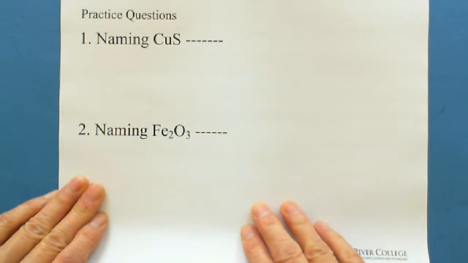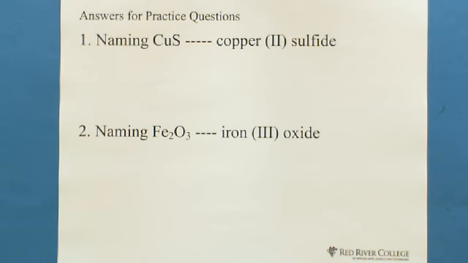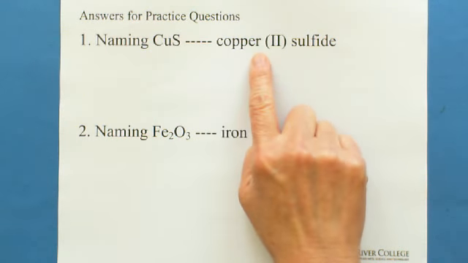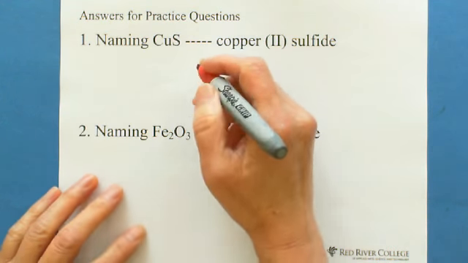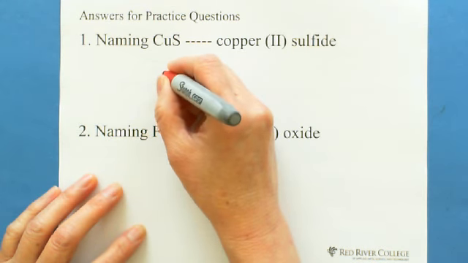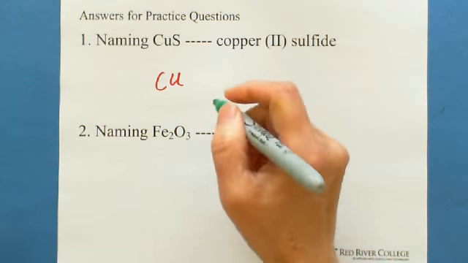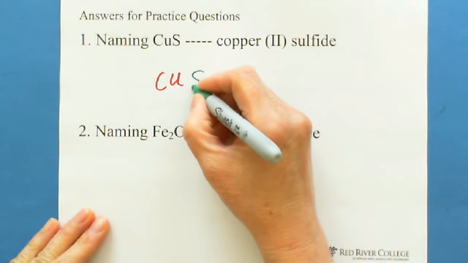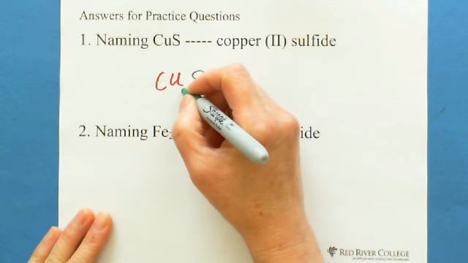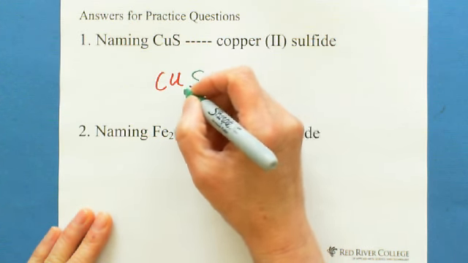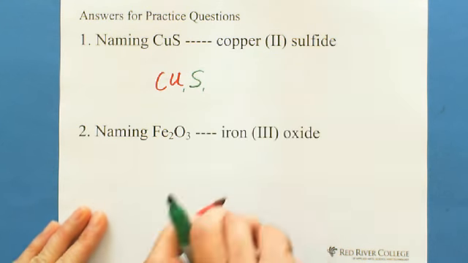So the answer is, CuS is copper 2 sulfide. Let's figure it out. Copper is Cu and S is sulfur. Because the subscripts are both 1, that means 1 ion for sulfur and 1 ion for copper.